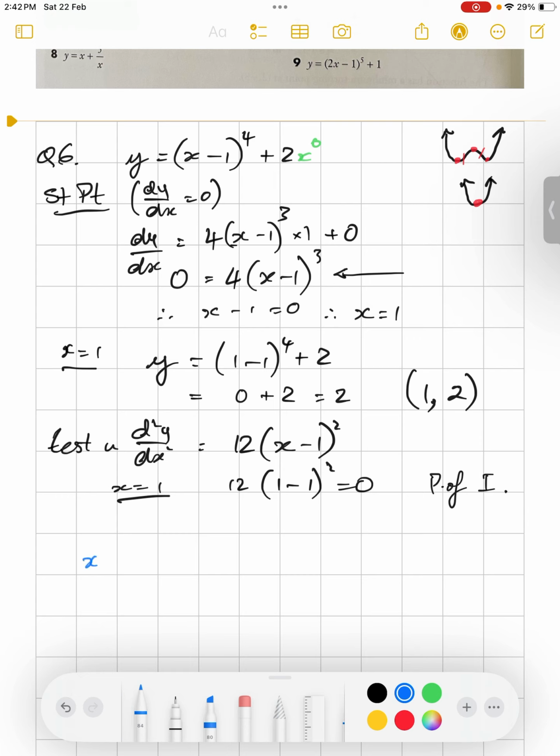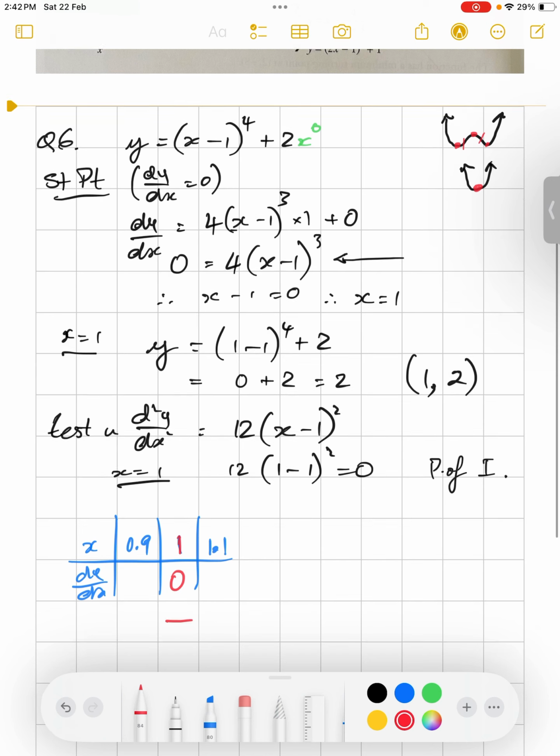So what we're going to do is come up with the x value of 1. Just before 1 is 0.9, just after 1 is 1.1. So we substitute these values into the derivative. We know that when you substitute 1 into the derivative, we get a 0 value, which is a stationary point.